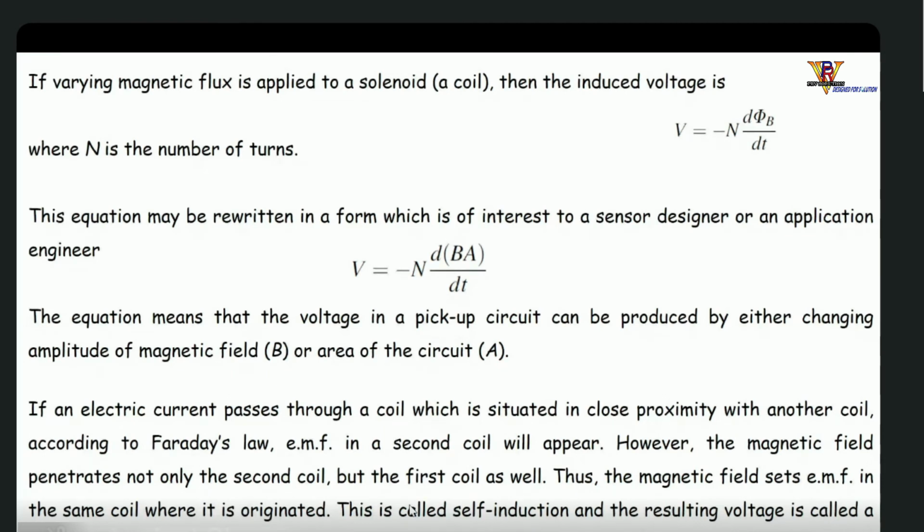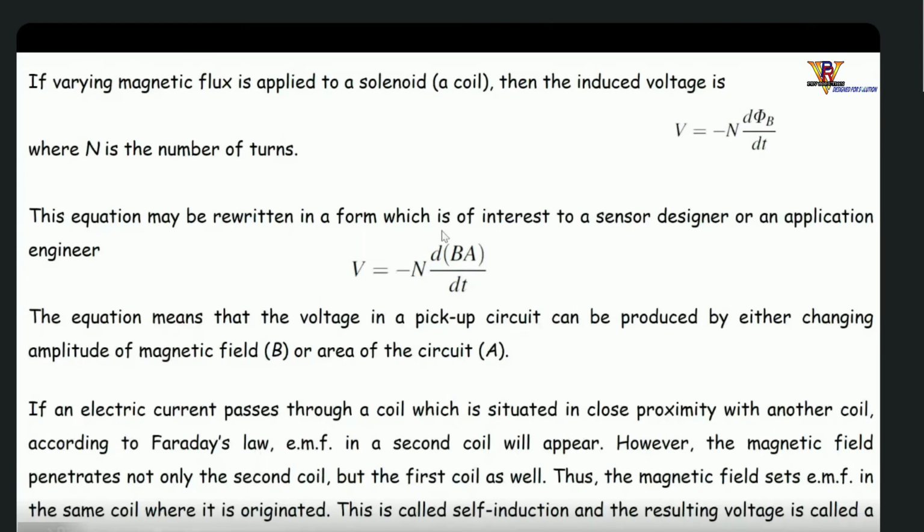Now, this equation we can write in a different way. V equals minus N d of BA by dt, where the flux phi is written as B into A. B is the magnetic field and A is the area of the circuit, means the coil. So the equation means that the voltage in a pickup circuit can be produced by either changing the amplitude of the magnetic field or the area of the circuit.